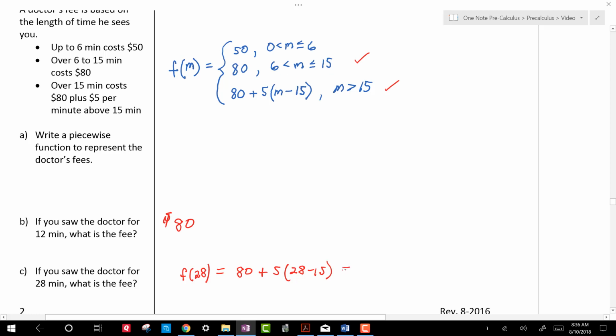So if you do the math here, this is 80 plus 5 times 13, since 28 minus 15 is 13. 5 times 13 is 65. So your bill here would be $145. Okay? That wasn't so bad, was it? All right, that's it.